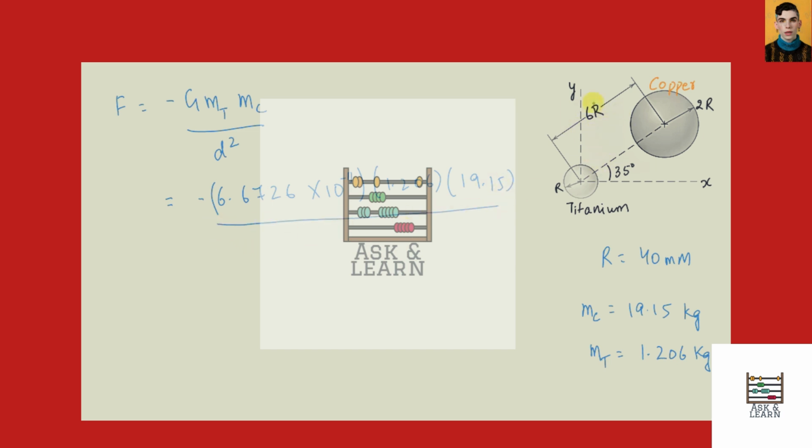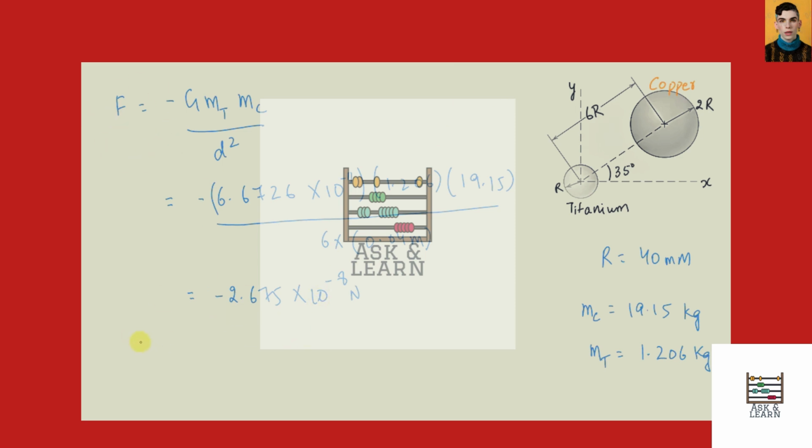So d is 6r here, so 6 times r, where r is 40 mm, means 0.04 meter. Now we're going to simplify this and we'll get this value as minus 2.675 times 10 to the power minus 8 Newton. Now this is the magnitude of the force.